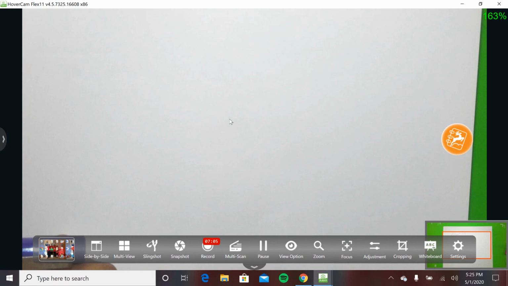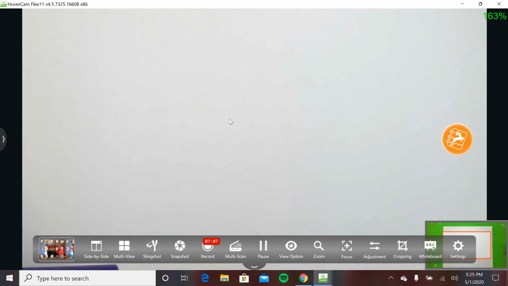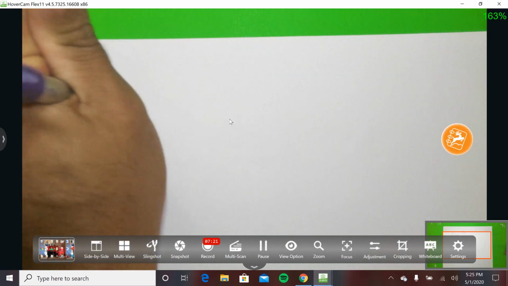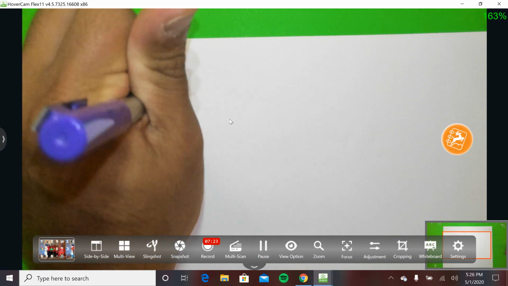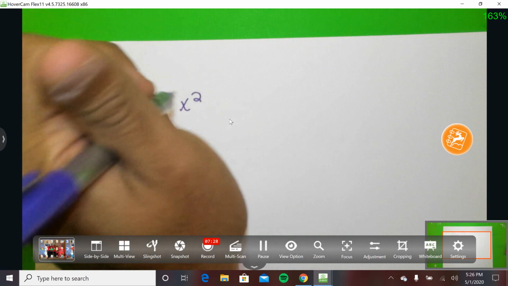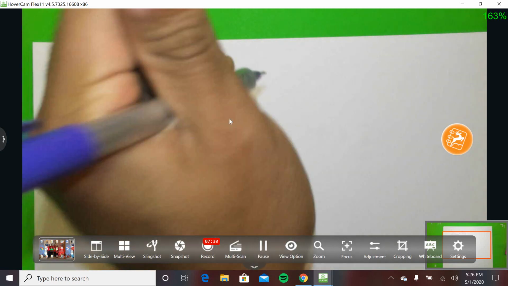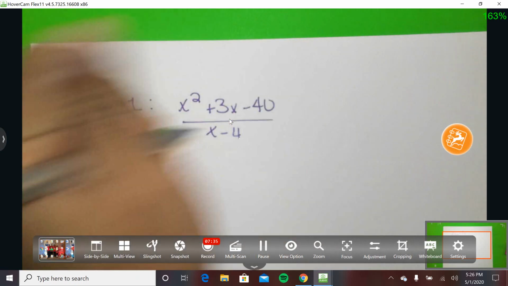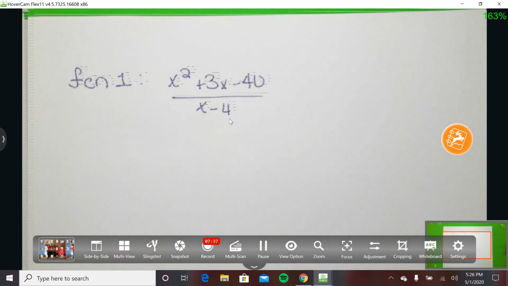Alright, the next one has two functions, and it says which statements comparing the graphs of function 1 and function 2 are true, and check all that apply. So we have function 1, x squared plus 3x minus 40 over x minus 4, and I'm going to go ahead and factor that out.